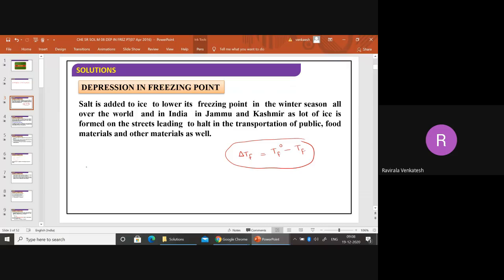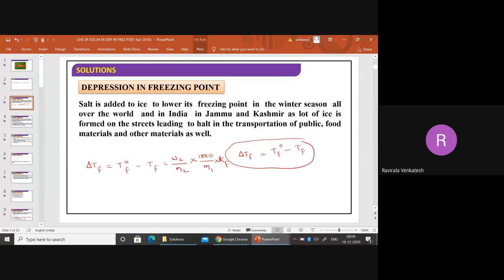Again, the formula will be like this. Delta Tf is equal to T naught f minus Tf is equal to the same formula: weight of the solute divided by molar mass of the solute into 1000 by molar mass of solvent into Kf.